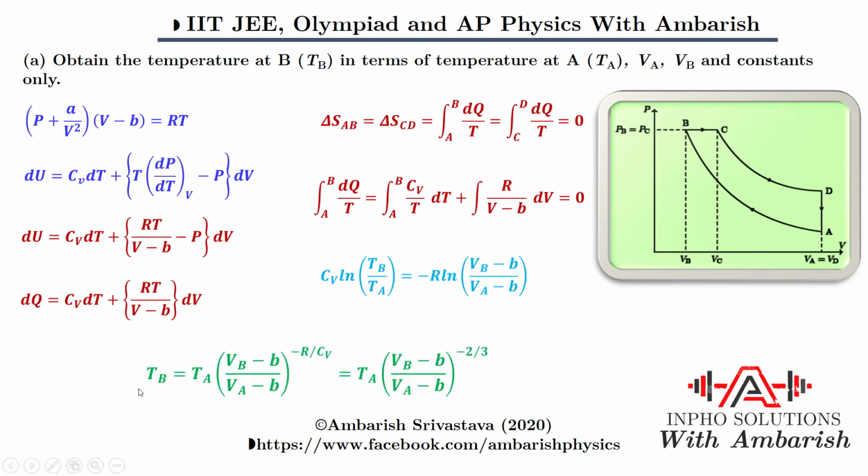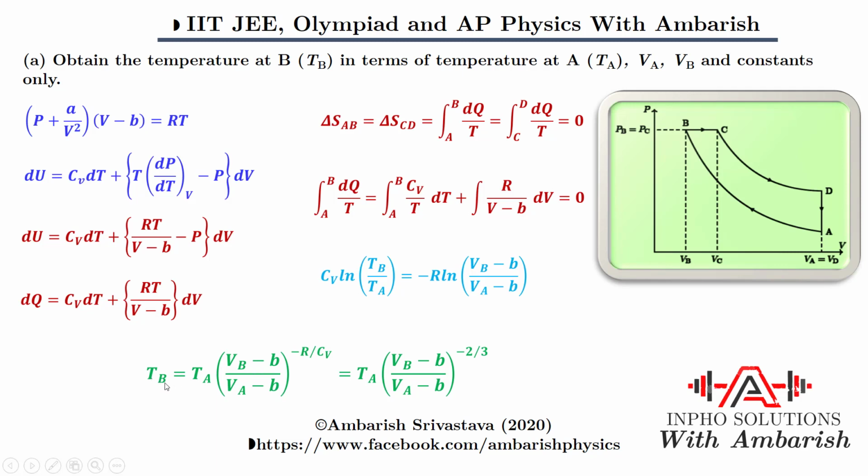So what you get, the temperature at B, that is Ta into Vb minus b upon Va minus b to the power minus R by Cv. Okay. And if you see carefully, there's a negative power over there. You take it to the left side and you take this to the numerator.